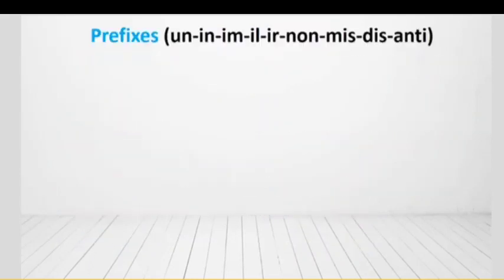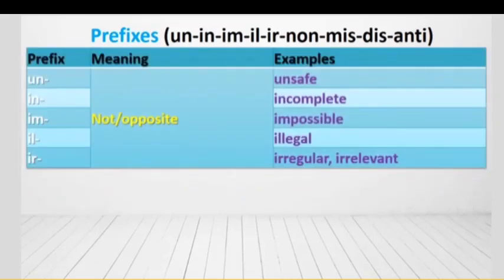Prefixes un, in, im, il, ir, non, mis, dis, and anti. Prefixes un, in, im, il, or ir. All these prefixes mean not or the opposite.